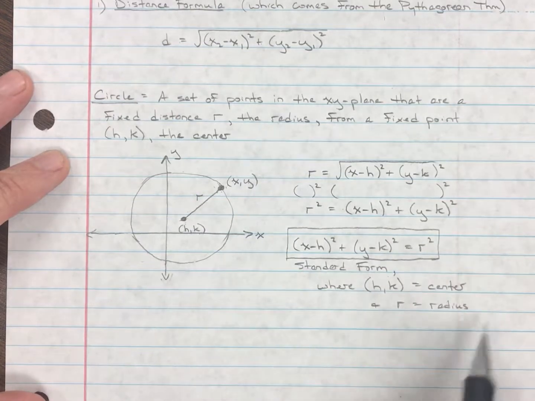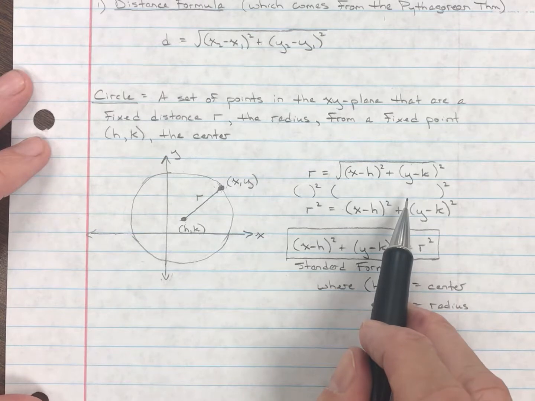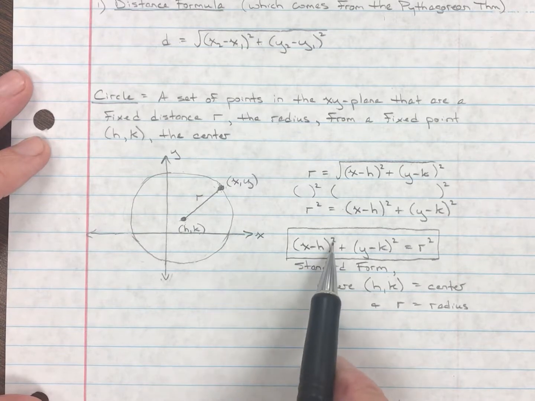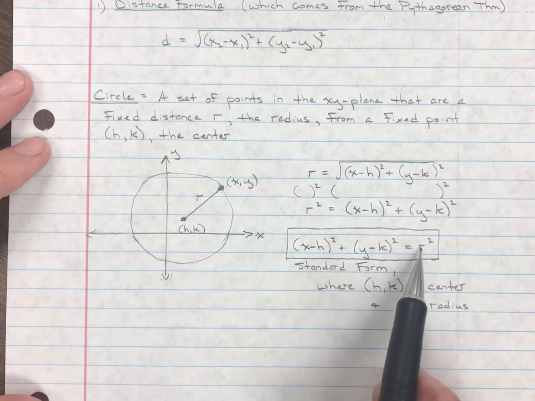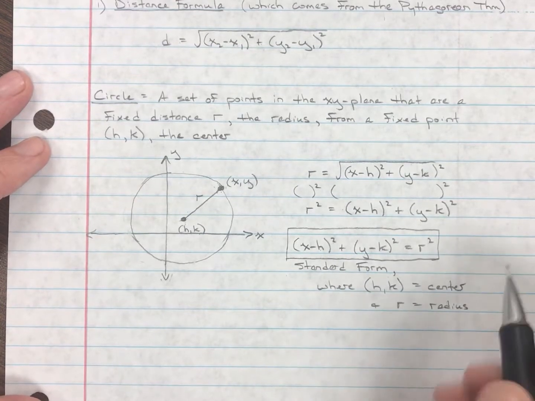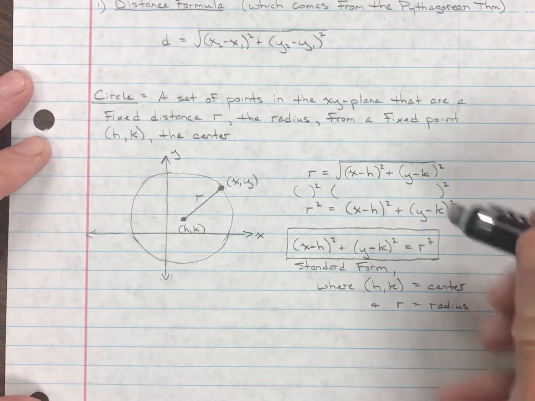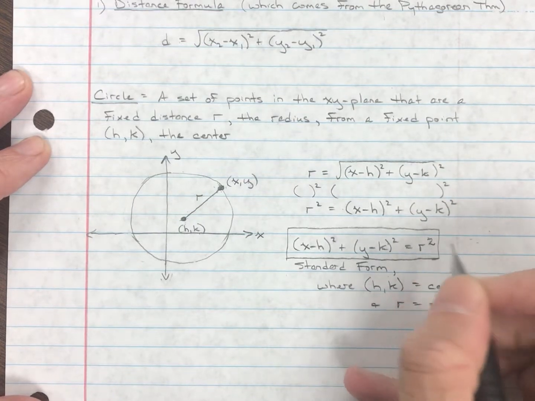So that's what you want to know right there. I just derived it for you. It's x minus the x coordinate of the center, the quantity squared, plus y minus the y coordinate of the center, we're calling k, the quantity squared, equals the radius squared. This piece, radius squared, is where students often forget that the radius is squared at the end.